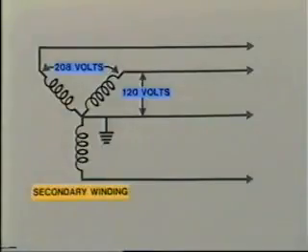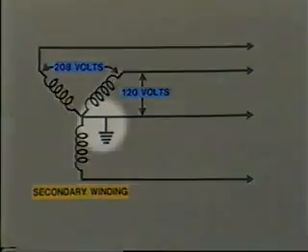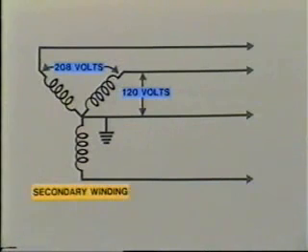So, we have been looking at the delta connected secondary, but as an alternative, it is possible to connect the secondary windings in a Y configuration. The neutral point of the Y may be either grounded or ungrounded. Normally, with a connection from one phase wire to neutral, 120 volts can be obtained.